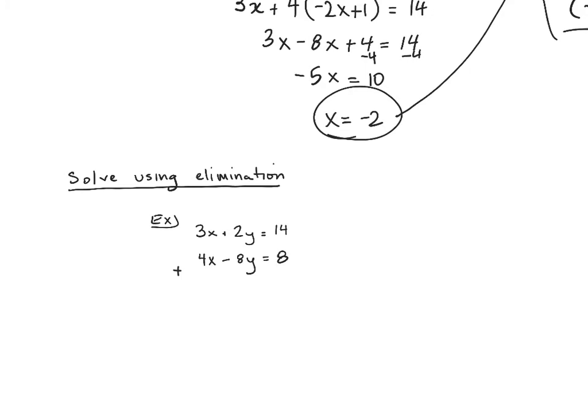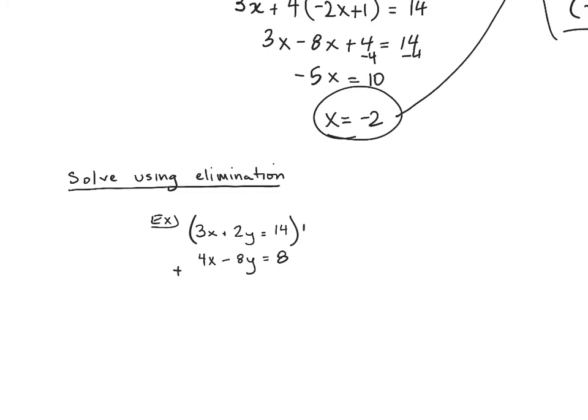If I had positive 8 as a coefficient of y here, then those would be opposite coefficients. And when I tried to add the equations together, then the y variable would eliminate because you have opposite coefficients. So what you can do is multiply an entire equation. As long as you multiply everything in the equation by the same value, you're not changing the solutions to the equation, you're just changing the appearance.